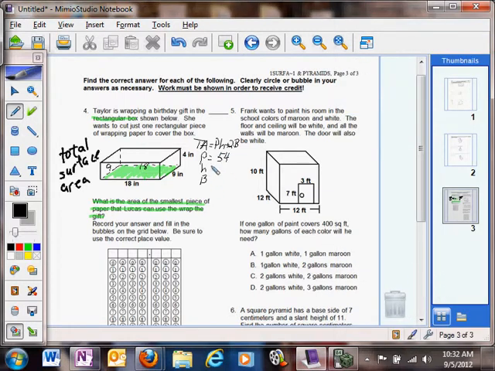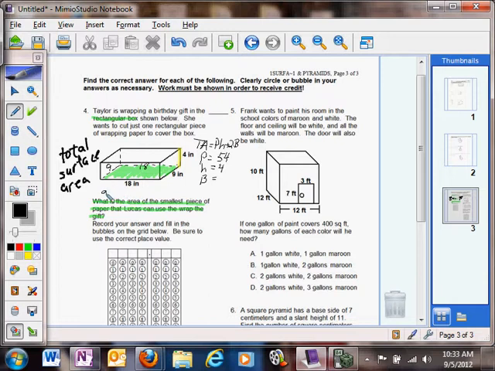Now finding little h. Little h is the height of the prism. Well, if this bottom rectangle is the base, then it should go to show that this piece is the height of my prism, the 4. So the height of my prism is 4. And now for big B, remembering that big B is the area of the base. So my base is a rectangle, and the formula for area is length times width in a rectangle. You can find that on your formula chart.